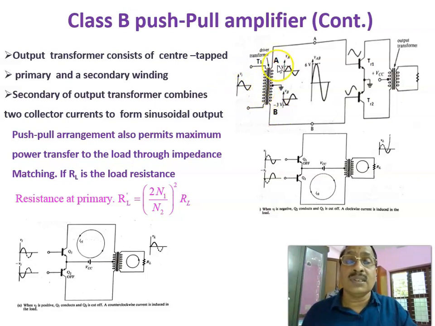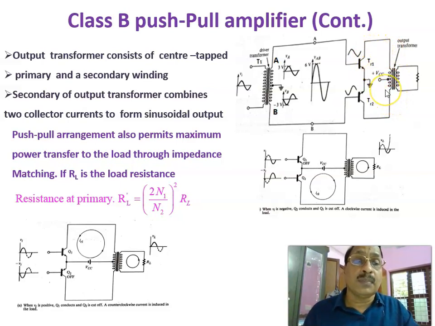That is why during the positive half cycle, the top transistor TR1 will be conducting. During the negative half cycle of the input, TR2 will be conducting. During the positive half cycle of the signal, TR1 and the upper half of the primary of the output transformer will be conducting.